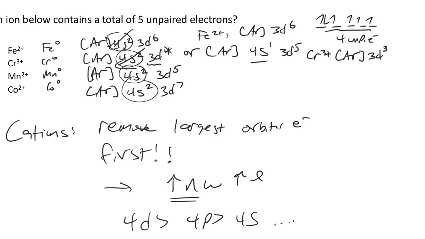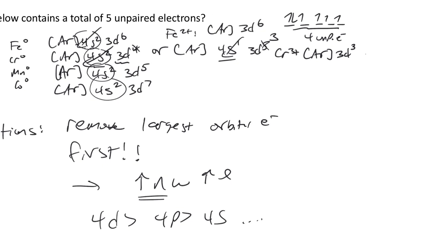Now, if I started instead from the anomalous configuration, I'm taking 1 from here and then 2 from here, so I get to the same 3d3 configuration. But the key is I have to remove the largest 4s electrons first. So 3d3, of course, would have 3 unpaired electrons.